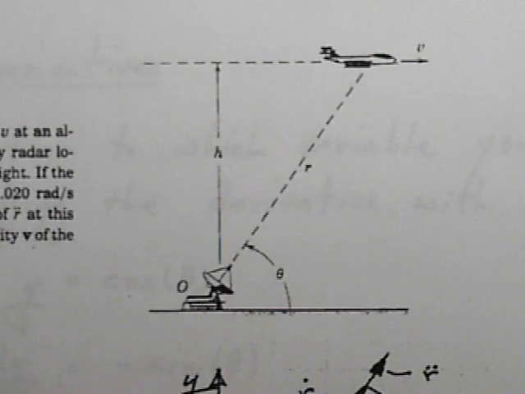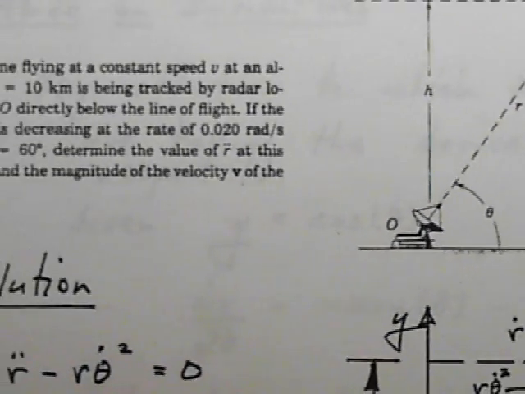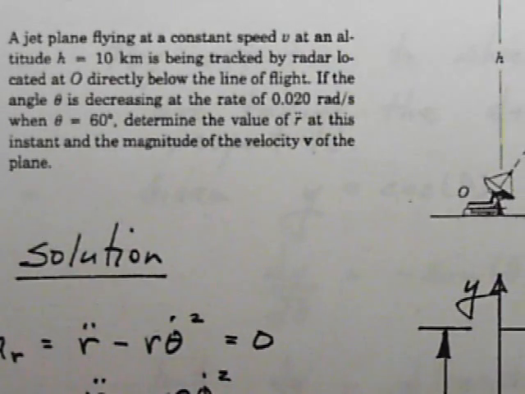airplane flying across, and from the argument made earlier, since the acceleration of this airplane is zero, then the radial piece of the acceleration must be zero, and the theta direction piece must be zero. Now we've been asked for two things: something related to acceleration, or r double dot, and something related to velocity.